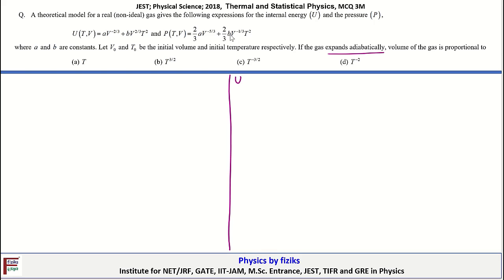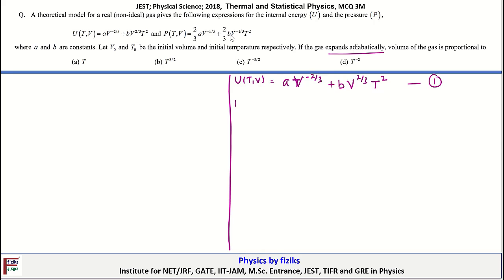We are given internal energy as a function of T and V, and that is equal to A B V power minus 2 by 3 plus B V power 2 by 3 T square. So let's call this equation 1.